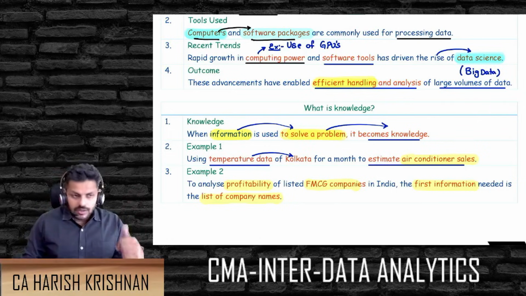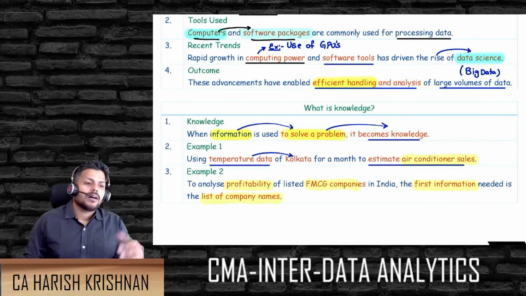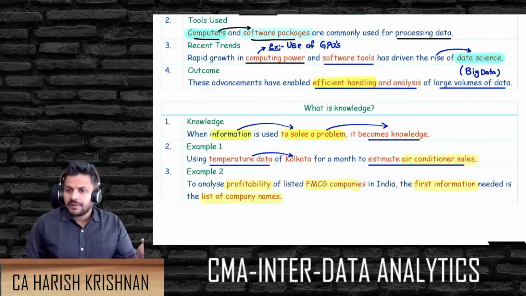Numbers are called numerical data, words are called descriptive data, and pictures or anything else are called graphic data. Then again, in terms of organization, if data is well organized, it is called structured data. If it is haywire here and there, then it is called unstructured data.